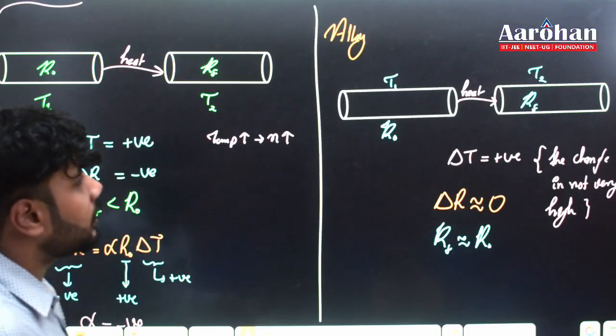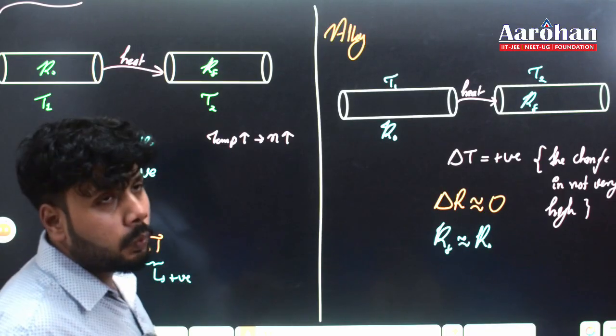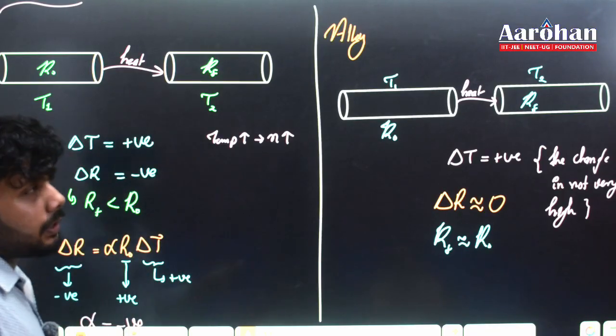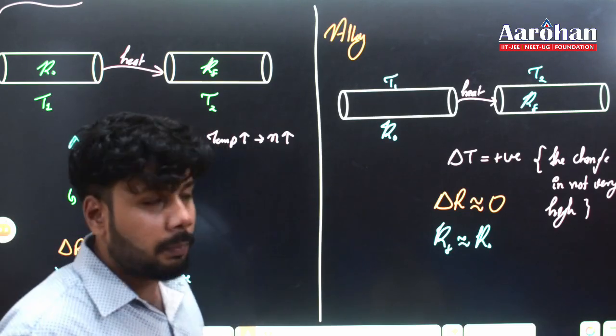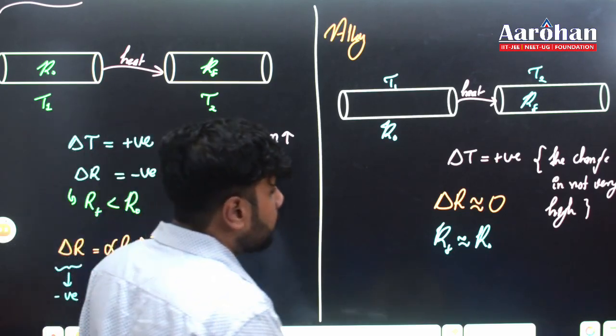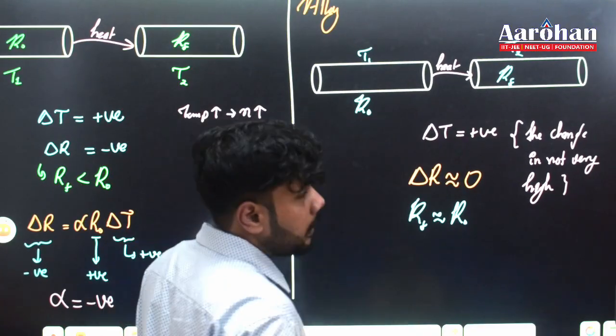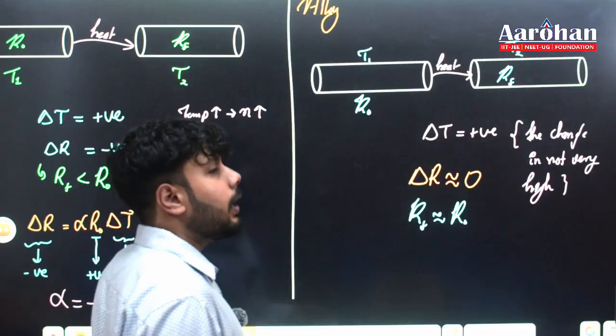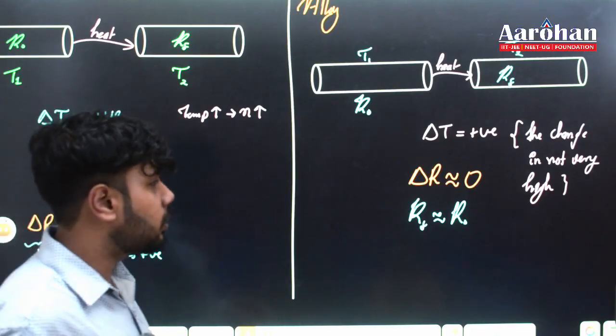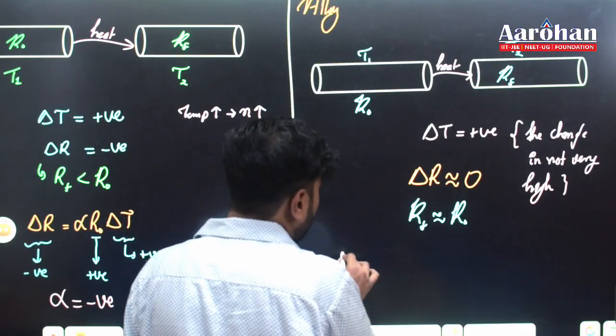If you remember the previous classes, you want to have a conductor for which the change in resistance is very small, even when the temperature is changing. I told you it is used to calibrate devices which can measure resistance, voltage or current accurately.